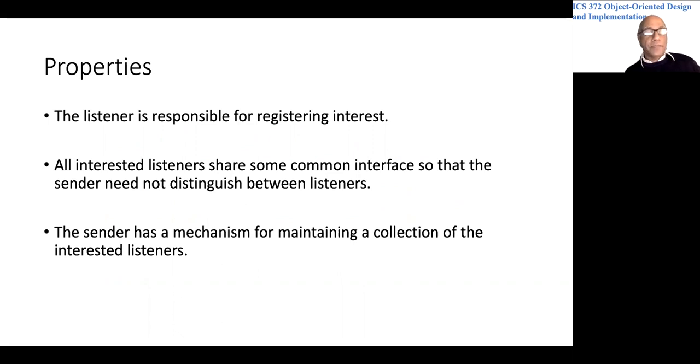We had this microwave and clock. The clock is kind of a server. The microwave was a client in the initial implementation, and the clock knew explicitly about the microwave object.